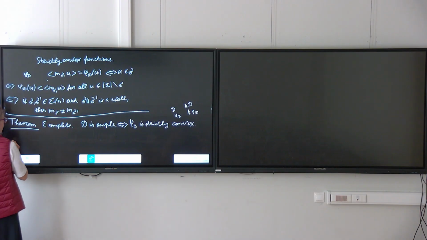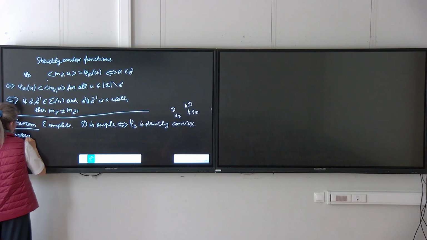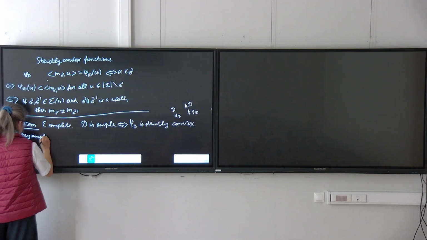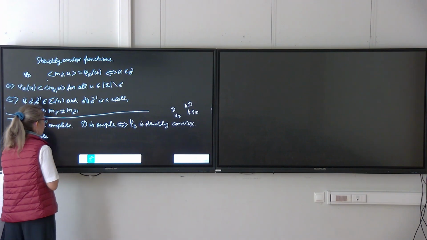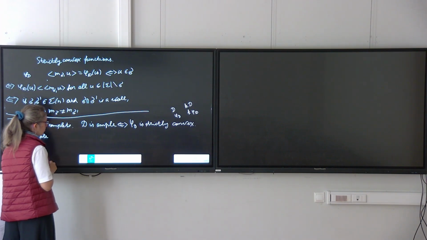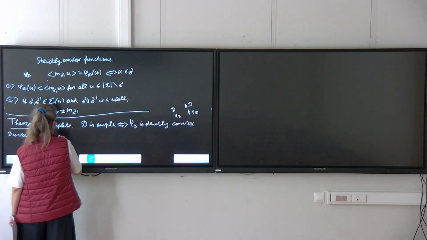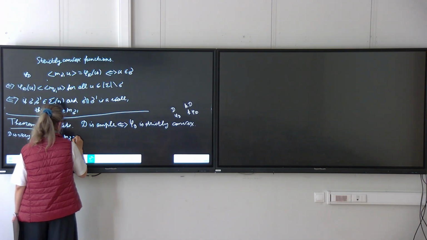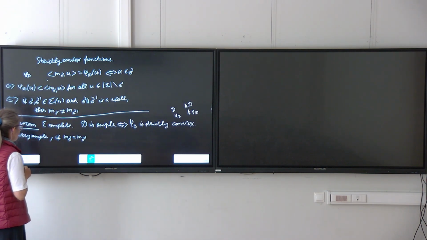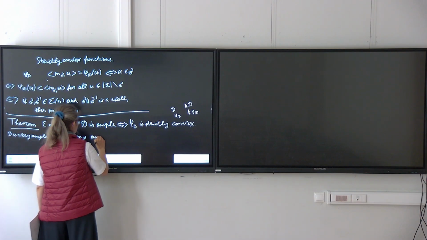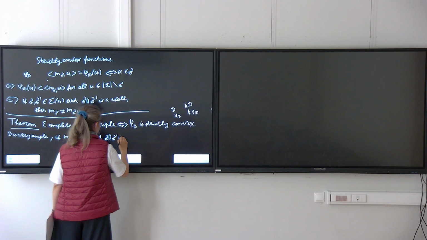First, suppose that D is very ample, so that it gives a closed embedding. While phi D is strictly convex. If M sigma equals M sigma prime, then sigma is a wall.